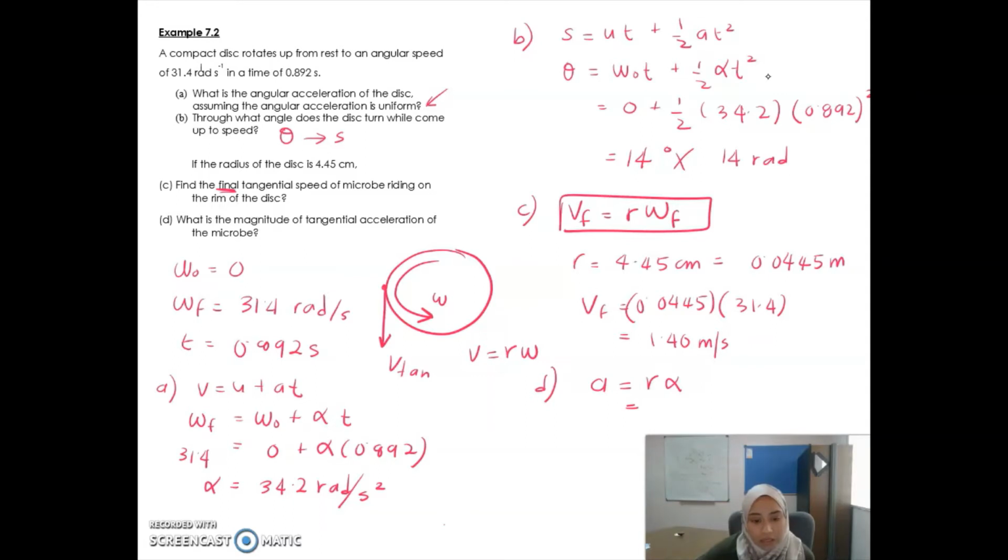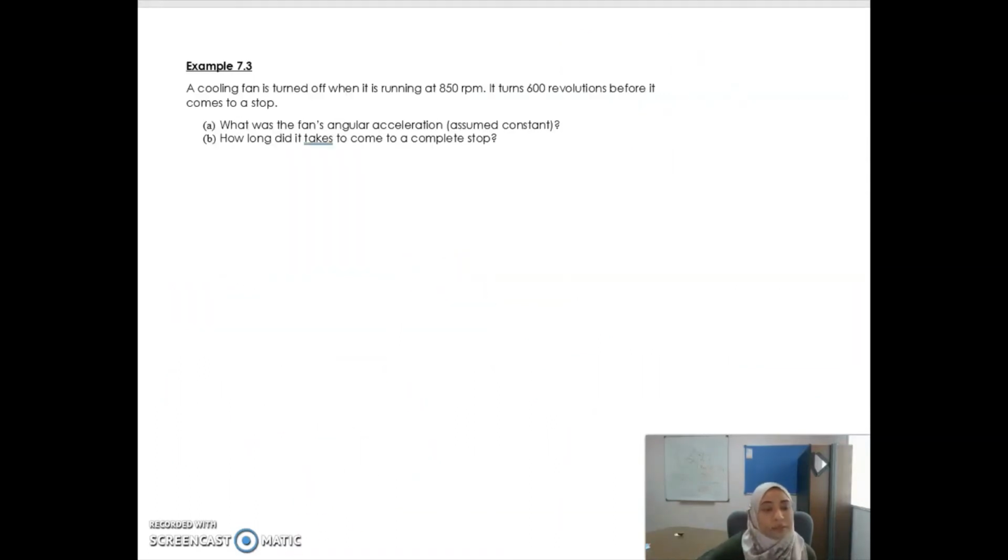And then A is, we are looking for that, 0.0445 times alpha, which is 34.2. The answer for acceleration is 1.57. The unit for linear acceleration is meter per second squared. Okay, so that's your first example. Your second example, let's do this.